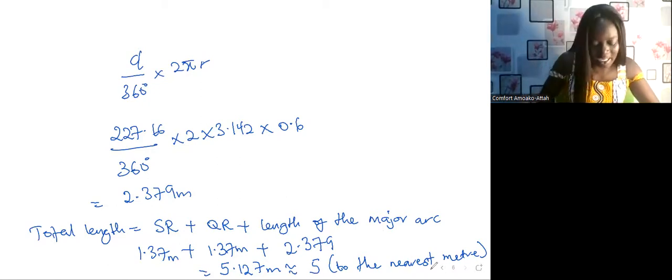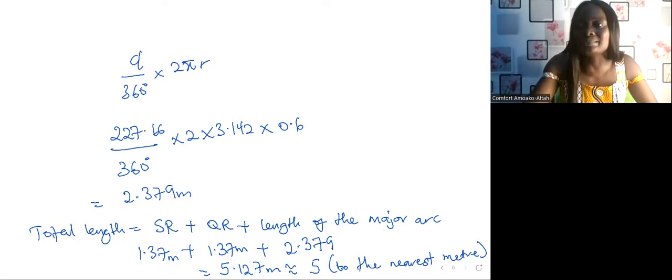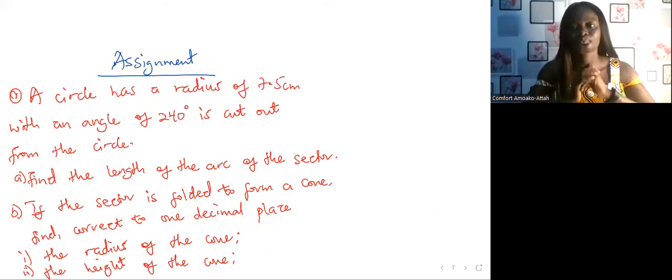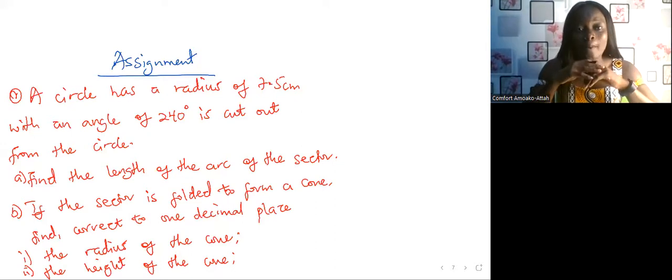Thank you so much for your time. Take this as your assignment and try your hands on it. All right, so this is your take-home assignment. A circle has a radius of 7.5 centimeters, with a sector of angle 240 degrees cut out from the circle.